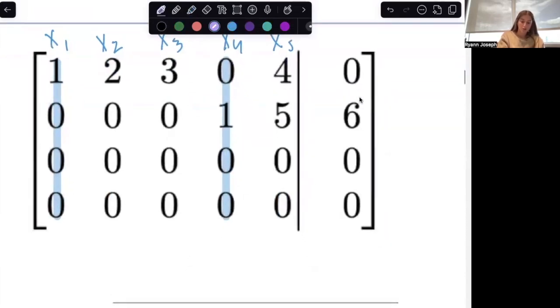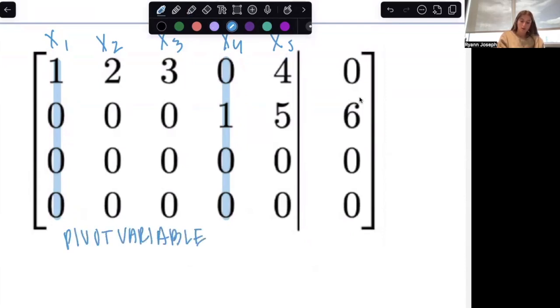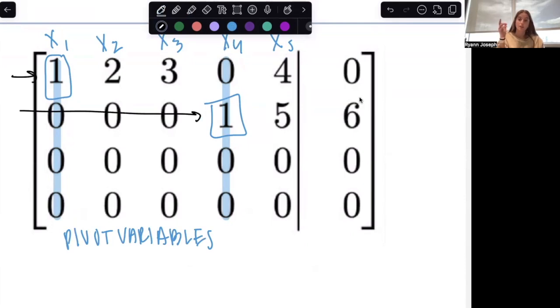These are pivot variables because they have those leading ones. They have this leading one and this leading one. It is the first entry in their respective rows, and then within their respective column, everything else is a 0. This is the reduced row echelon form. Looking at all those properties, we see this is the reduced row echelon form of this system.